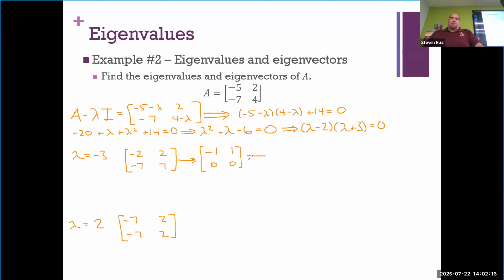So what does this tell us about a vector? X1 equals X2. And eigenvectors are never unique. You can define them in an infinite number of ways. It just has to fit whatever this parameterization says. So what would you like to call the eigenvector? 1, 1 is great. So lambda equals -3 corresponds to the eigenvector 1, 1.